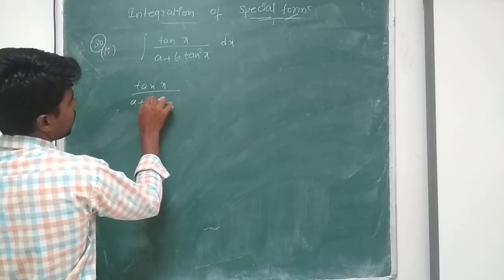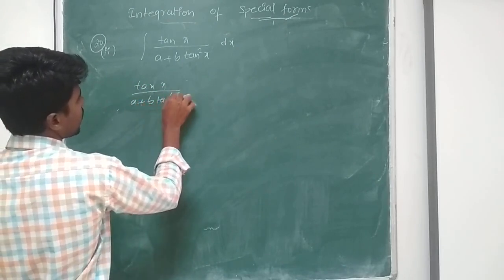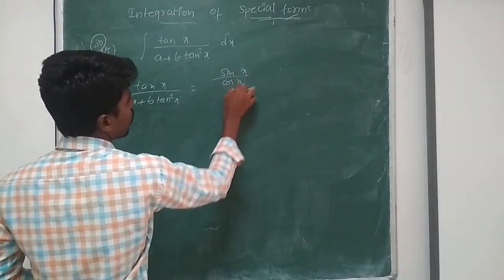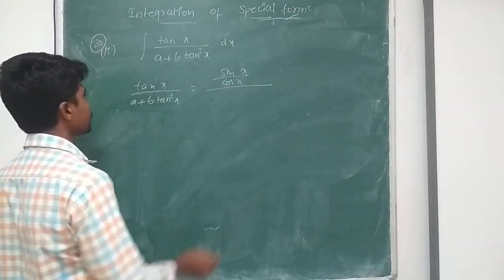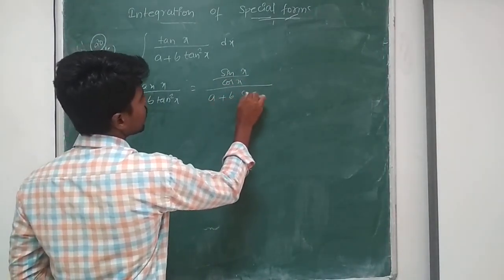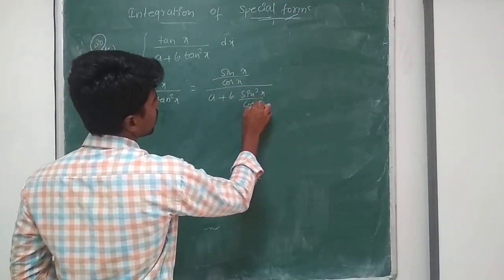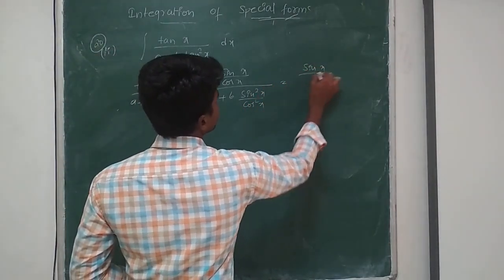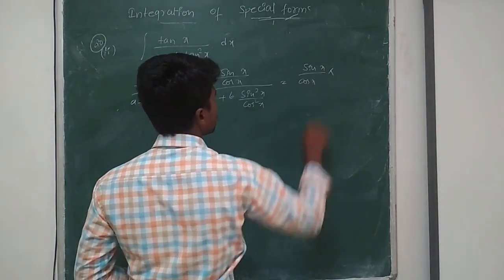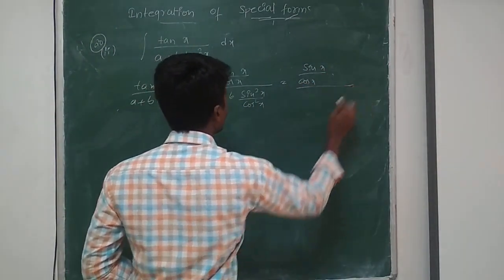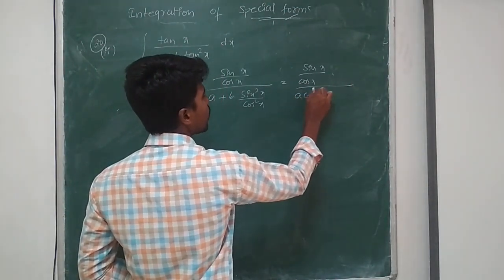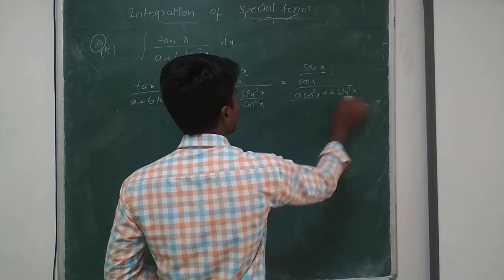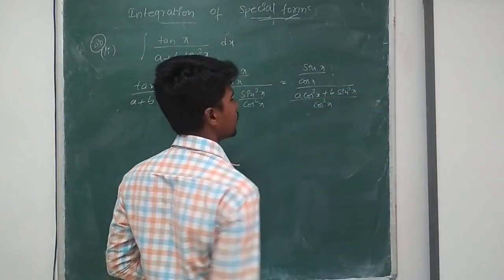Tan x by (a plus b tan square x) is equal to (sin x by cos x) whole divided by (a plus b sin square x by cos square x), which is equal to (sin x by cos x) whole divided by (a cos square x plus b sin square x by cos square x).